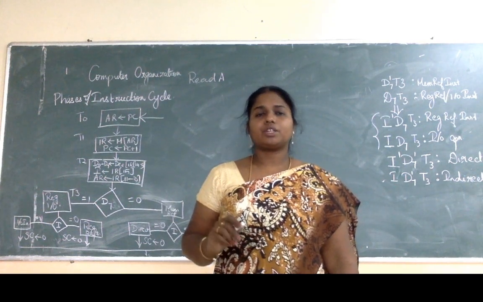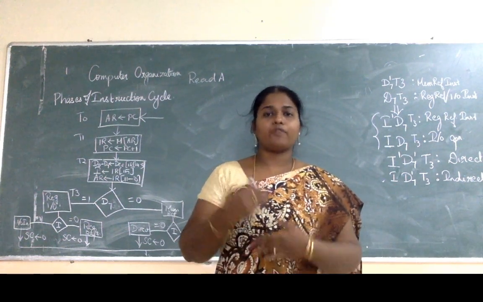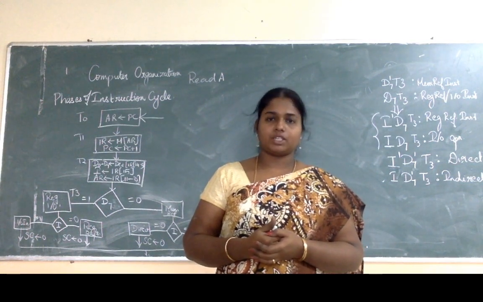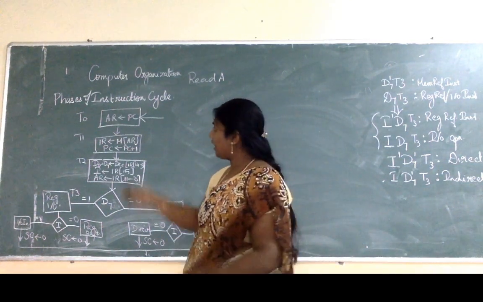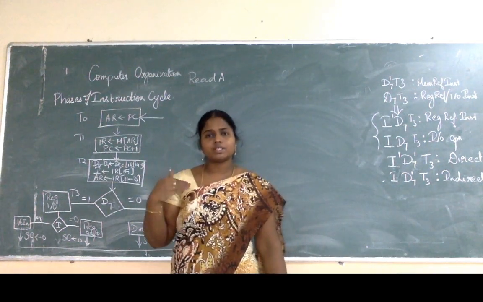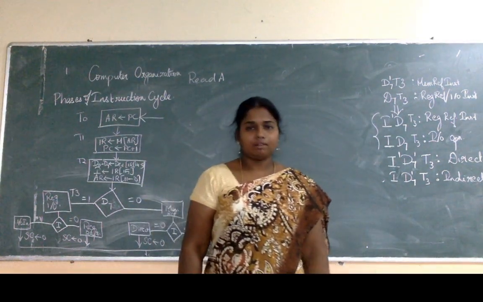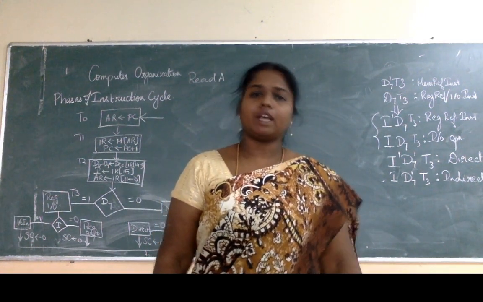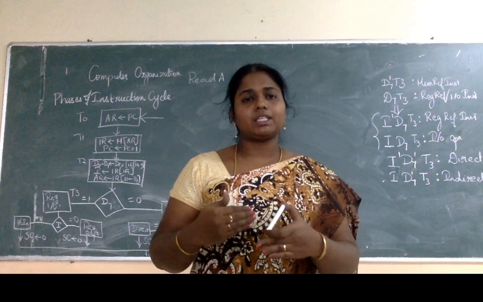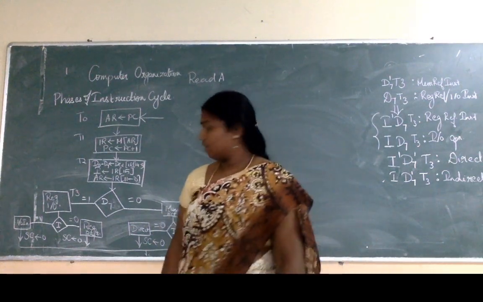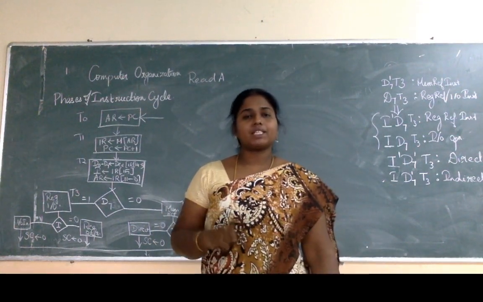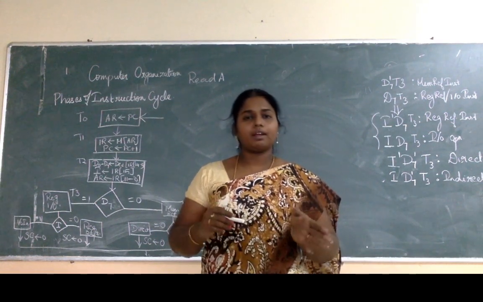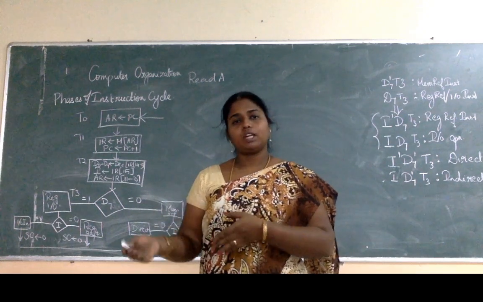In the instruction cycle, we see that the fetch and the decode phase are common for all the instructions. All these instructions are coordinated using timing signals T0 to T7, and these timing signals are maintained by the sequence counter. The sequence counter is responsible for creating timing signals T0 to T15.